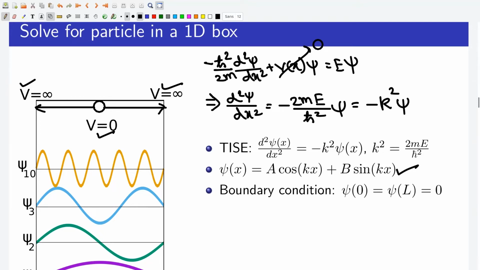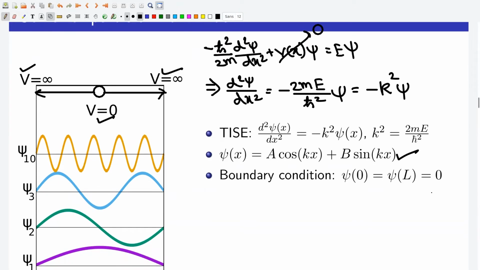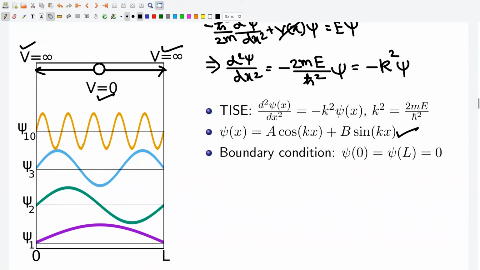Now, because of the boundary condition, which is given by psi of 0 is equal to psi of L is equal to 0, that means the wave function must go to 0 here as well as here. And because of the boundary condition, we see that A has to be equal to 0. Thus, the wave function is given by psi of x is equal to B sine kx.